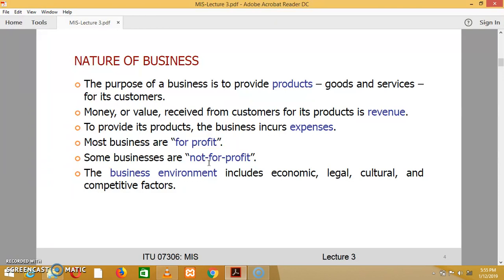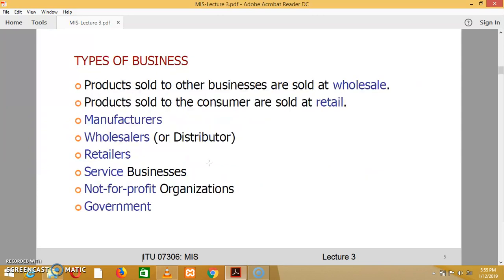As categories, we can have wholesale businesses, manufacturers, retailers, service businesses, not-for-profit organizations, and also governments as a business.